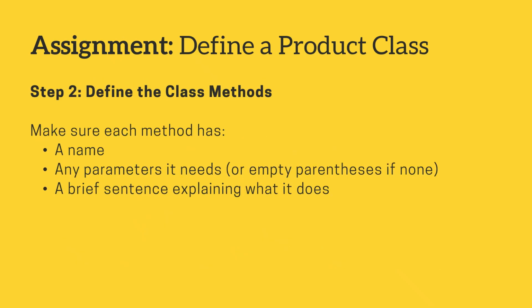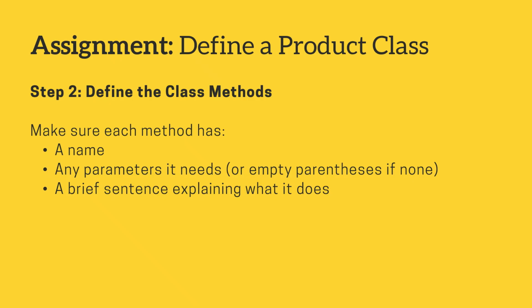Now, step two is going to be to define the class methods. So you're going to define at least 3 methods for the product class. Again, the assignment gives you some examples, and you can look at those examples and then maybe even come up with your own. You'll write the method name, and then in parentheses next to it, you'll have whatever the parameter is, colon, and then whatever the type is.